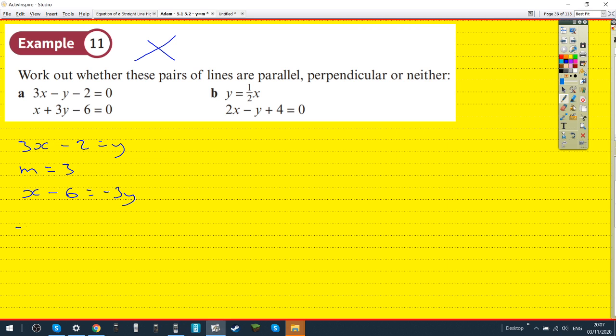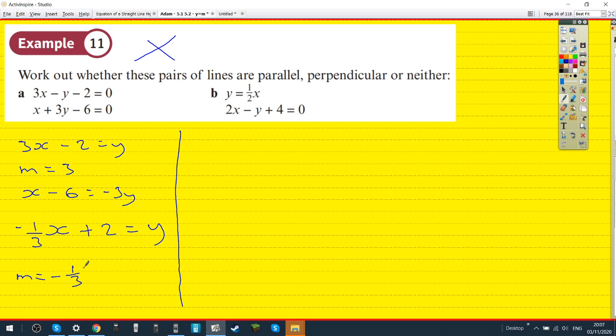So you could write it as minus a third x. And then 6 divided by 3, which would give you just plus 2, equals y. So the gradient is just minus a third.